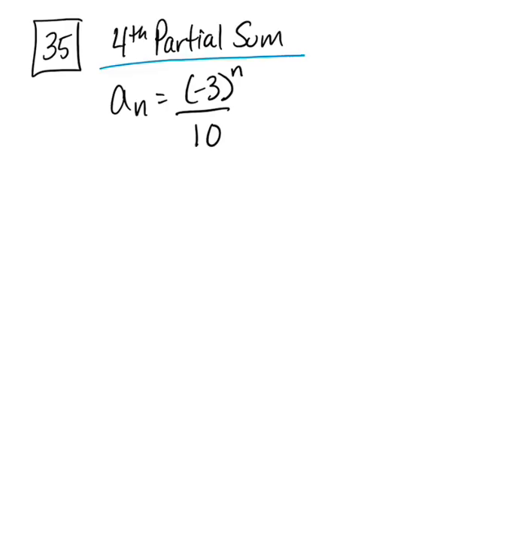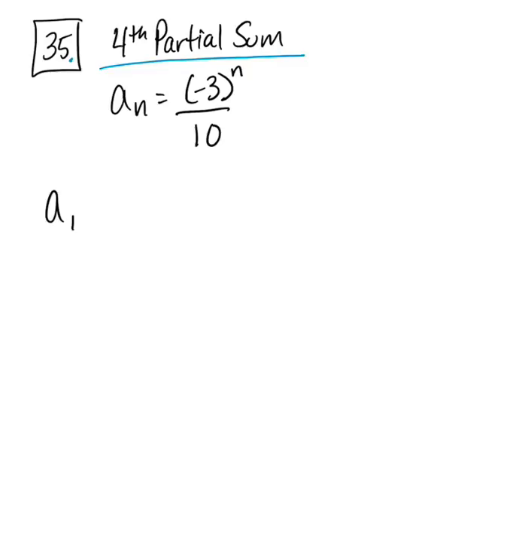So I'm jumping over to number 35, and number 35 is asking me to find the fourth partial sum to this given equation. So as you remember, I need to find the value for each term: the first, second, third, and fourth term. I'm not given the value of any other terms either, so I have to actually find the value for the first term.